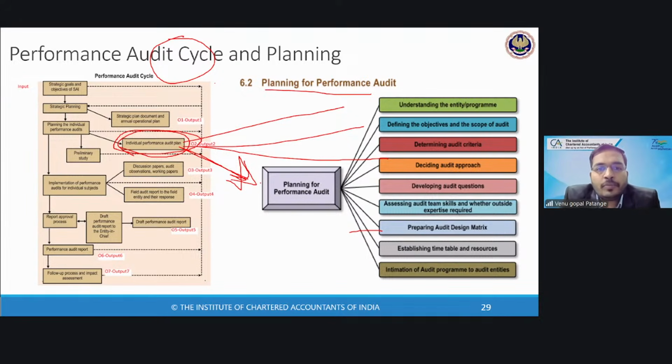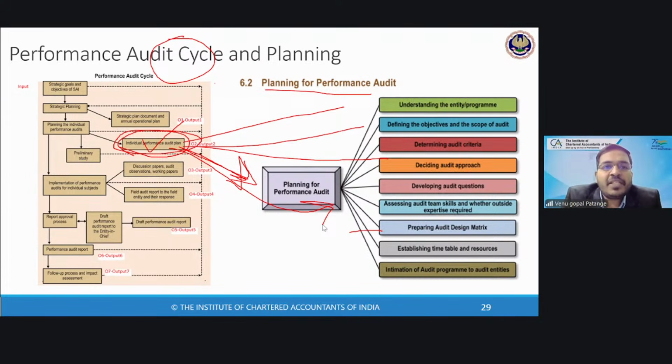As I told you, from here, now you are discussing the breakup of the individual performance audit plan. So how do you prepare an individual program level, activity level, function level, entity level performance audit plan?